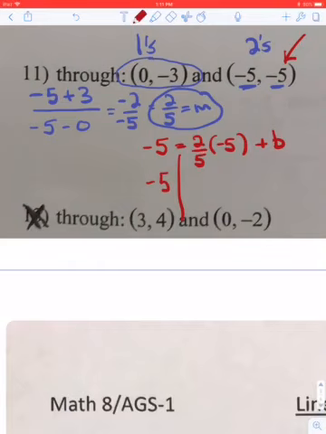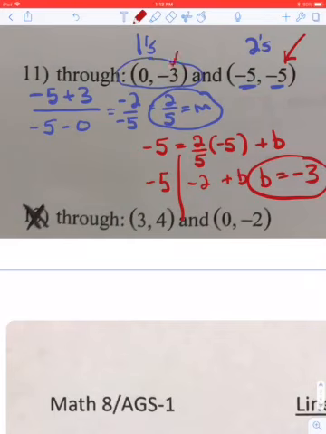So we'd have negative 5 is equal to, let's see, 2/5 times negative 5 is negative 2, plus b. And then we would add 2 to both sides, and we would get b is equal to negative 3. And the y-intercept is negative 3, just as we said before.